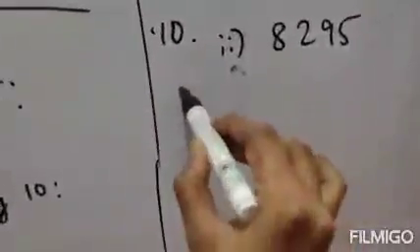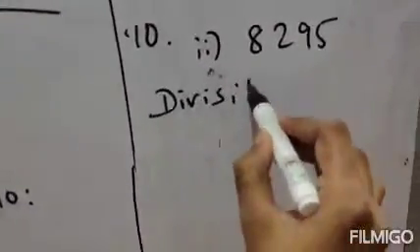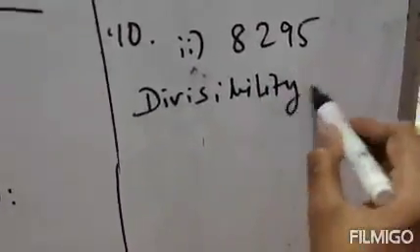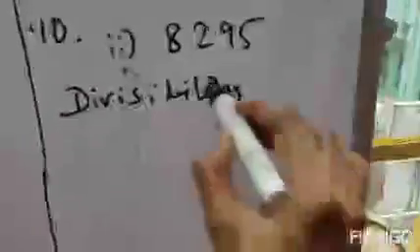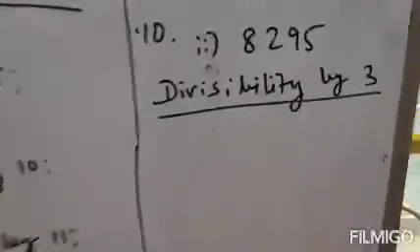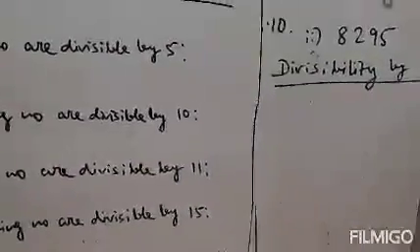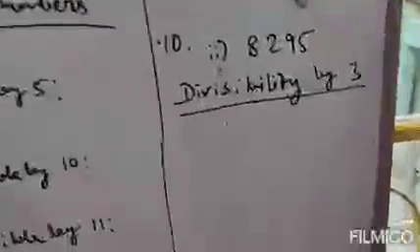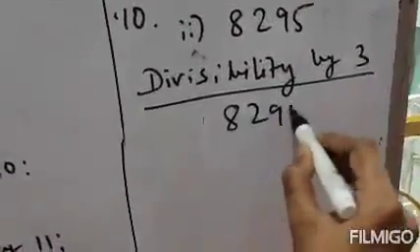So first make a heading, divisibility by 3. The divisibility rule of 3 is to sum the digits of the number and see whether the sum is divisible by 3 or not. Your number is 8295.